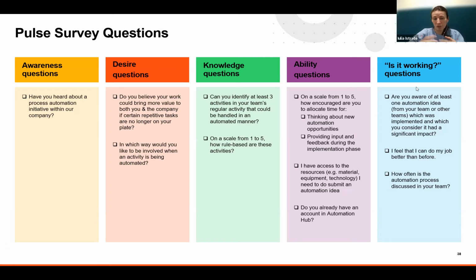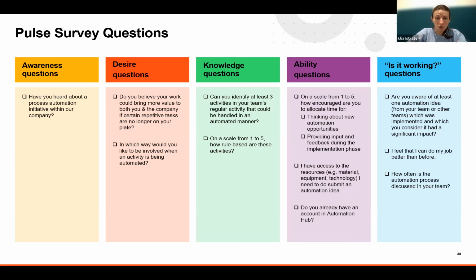And of course, something to help you measure the success of this rollout. For instance, awareness about the concept of automation and the impact of automation, desire questions about understanding whether this is something valuable for their day-to-day activity, and whether there are ways in which they can free some of their time to focus on the more meaningful experiences. And also whether they are willing to contribute in the program, because ultimately you cannot force someone to do that.